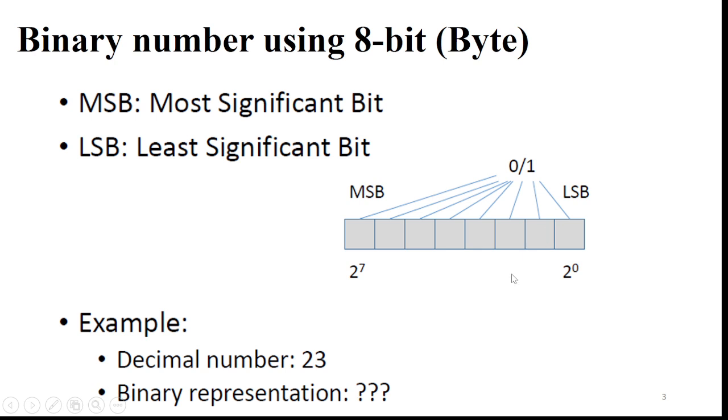Now the most significant bit is the bit in a binary number that holds the highest value. So it's the bit furthest to the left, this one. It plays a big role in determining the overall size and the value of the number.